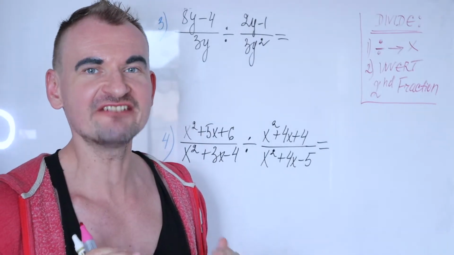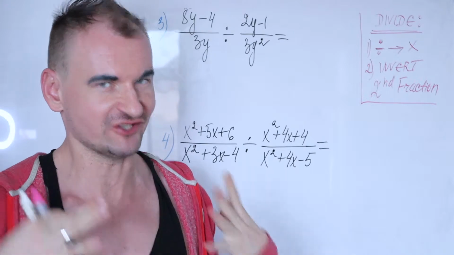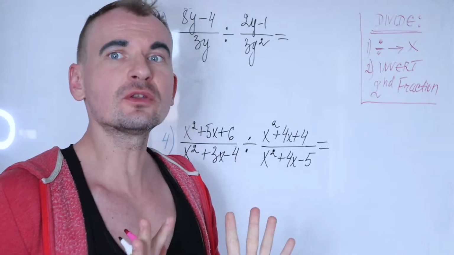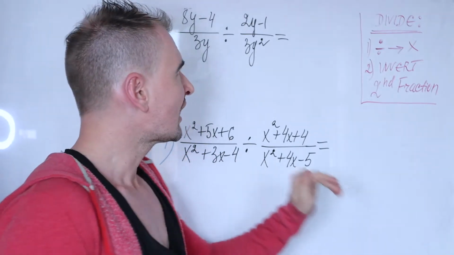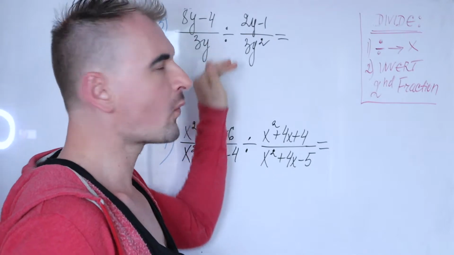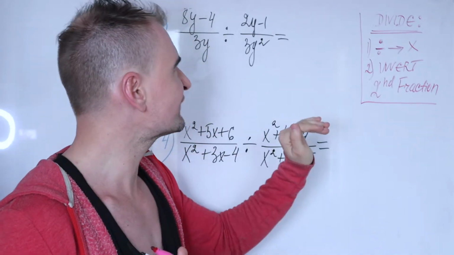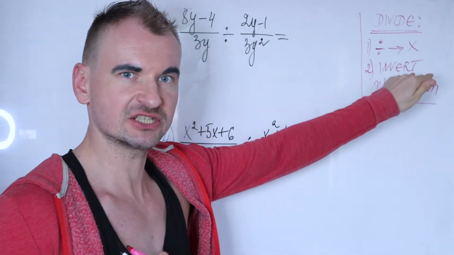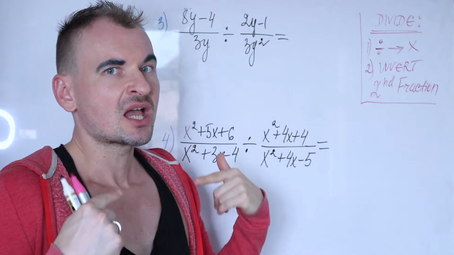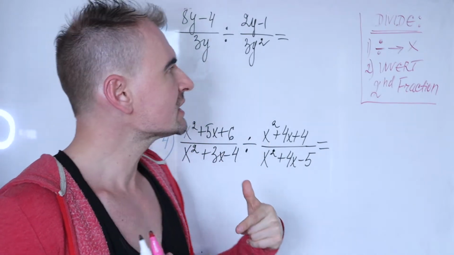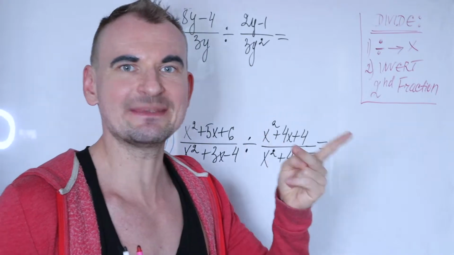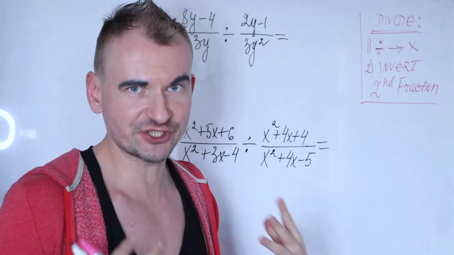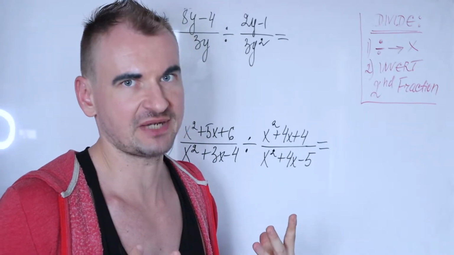Alright, let's dive into division. As a rule of thumb here, when you perform a division, the first thing, you swap division to multiplication, followed by taking the reciprocal of the divisor, and then proceeding with multiplication.